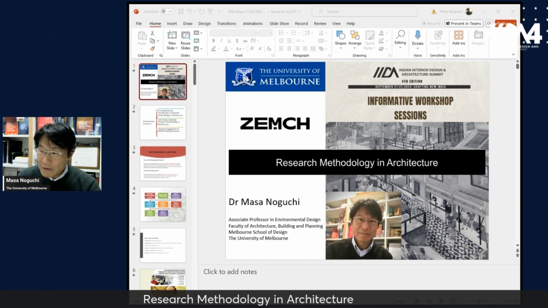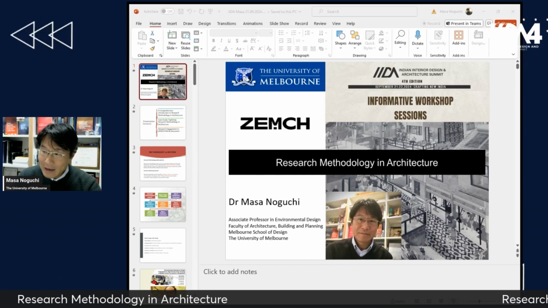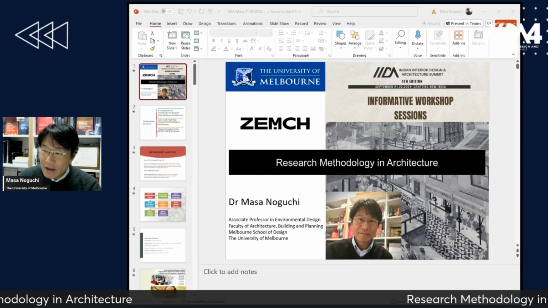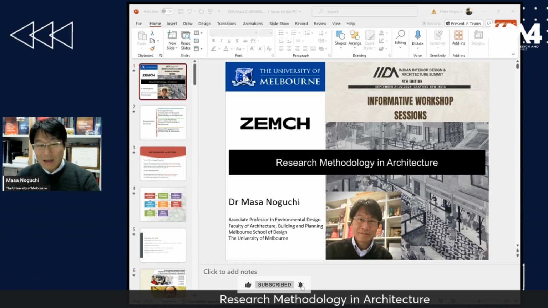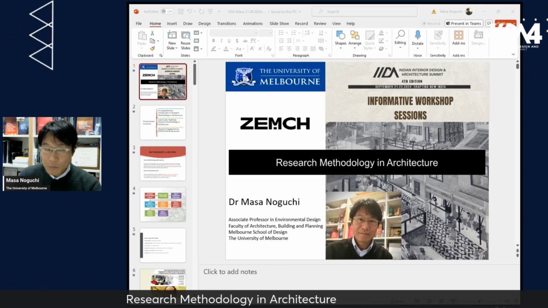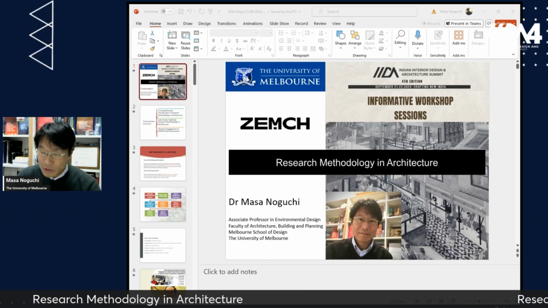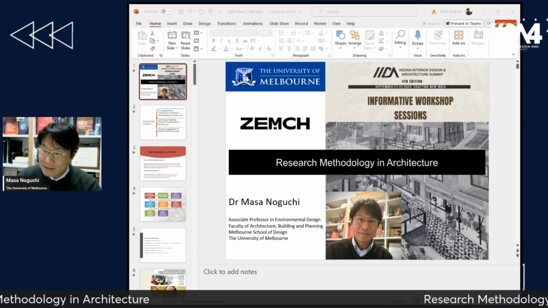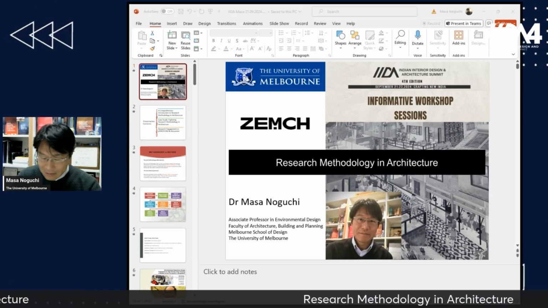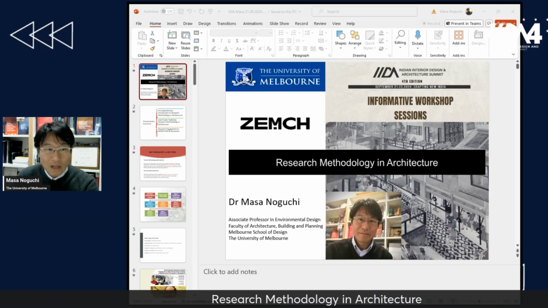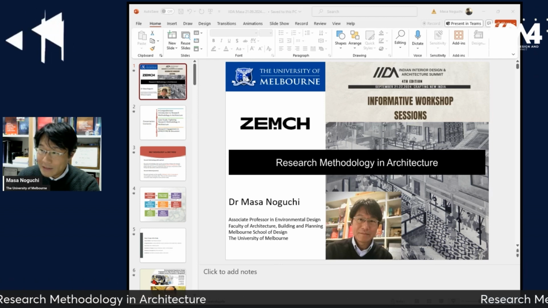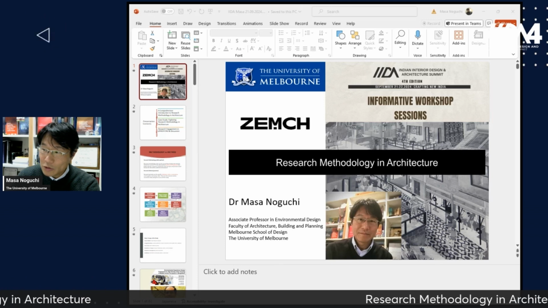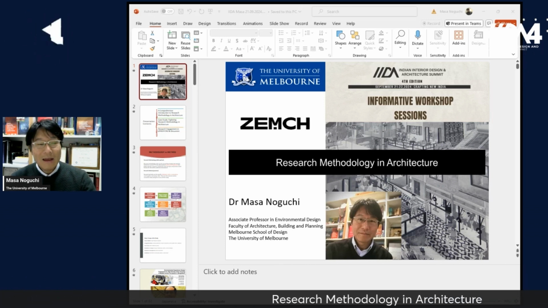And if we have some time left, I would like to introduce some research engagement activities, particularly ZEMCH and EXD. I'm going to explain what they stand for later, and then discussions. So let me start with the first component of my session, a comprehensive introduction to research methodology in architecture.